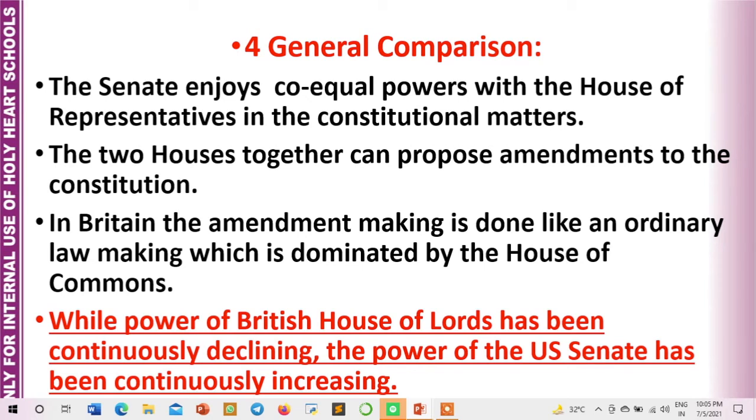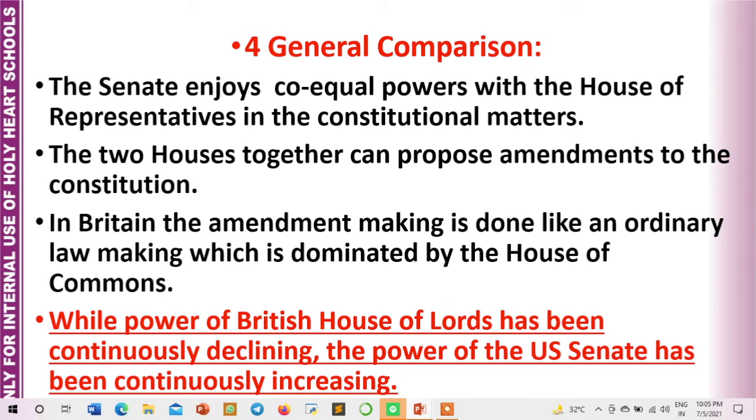Next is general comparison. Overall, the Senate enjoys co-equal powers with the House of Representatives in constitutional matters. The two houses together can propose amendments to the Constitution. In Britain, amendment making is done like ordinary law making, which is dominated by the House of Lords. So you see, it is a general comparison.